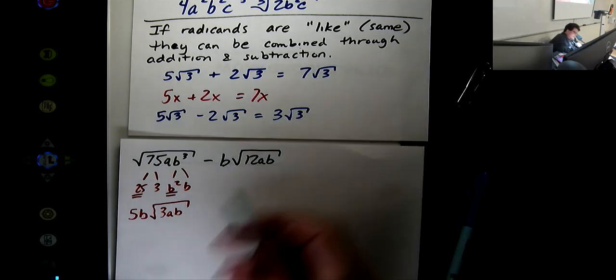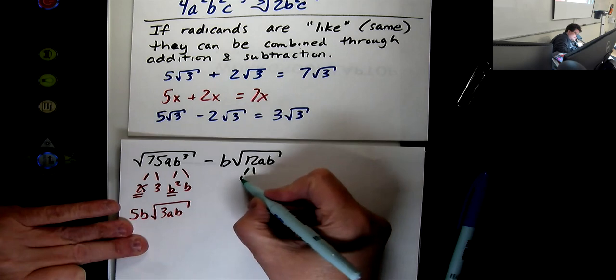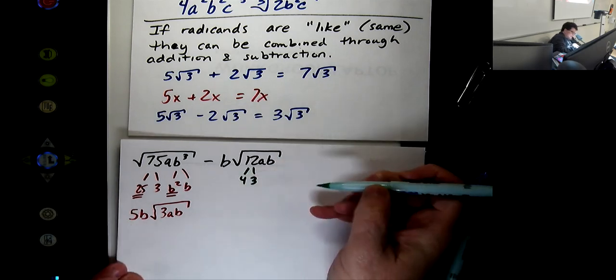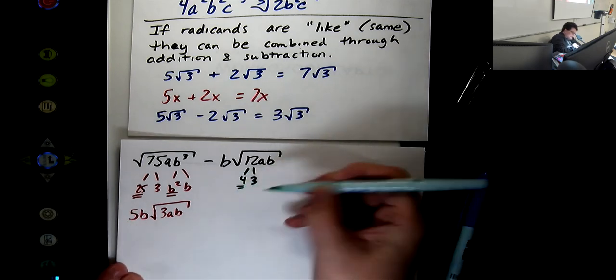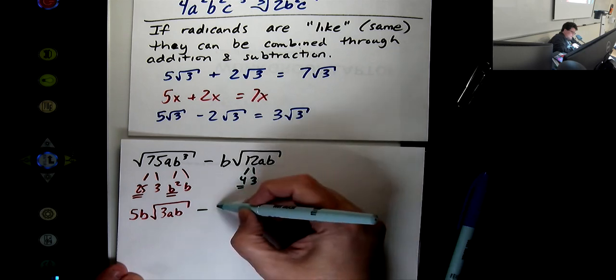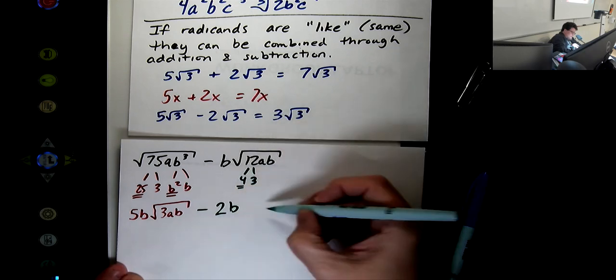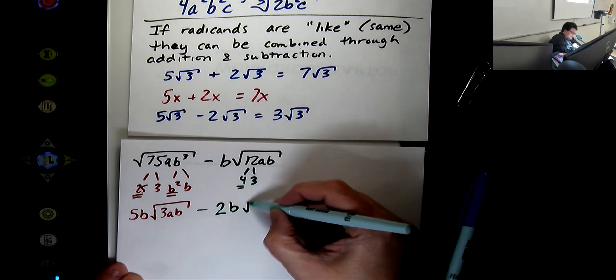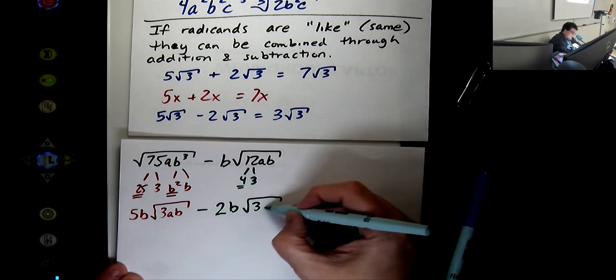On the second set, 12 is 4 times 3. So I can pull out the 4. The square root of 4 is 2. It gets multiplied by the b already outside. And I have 3ab.